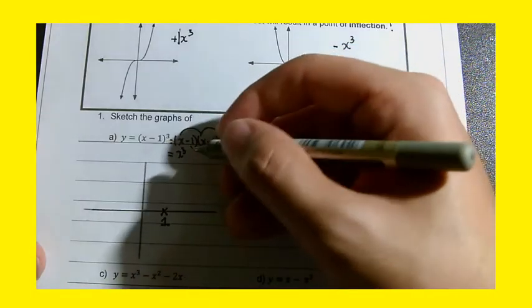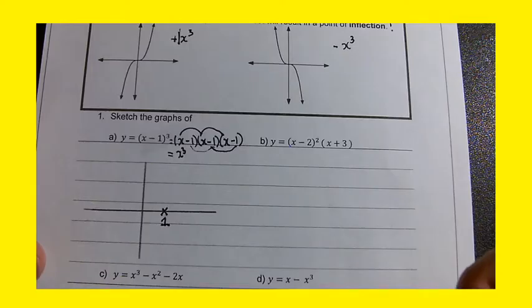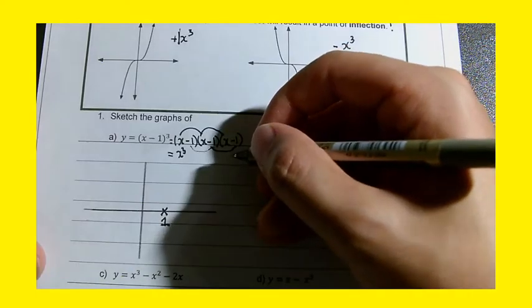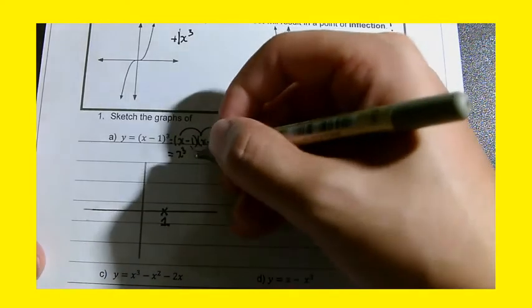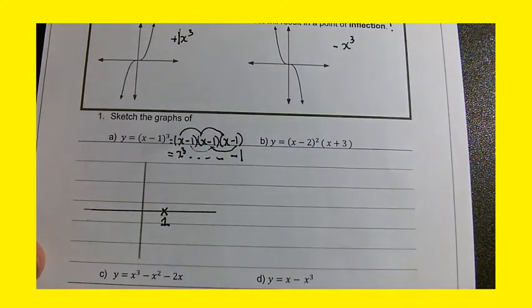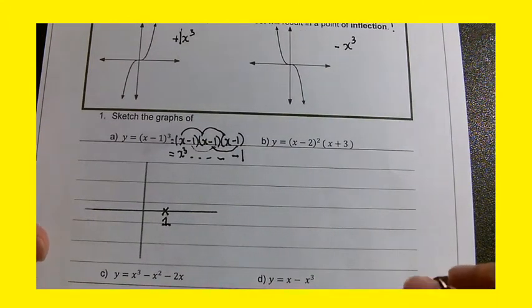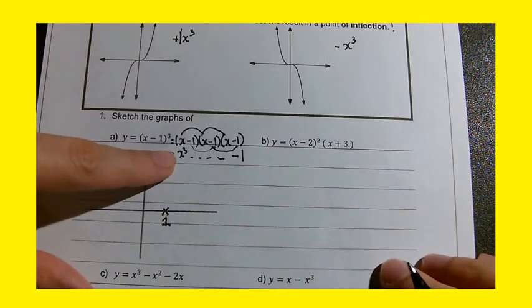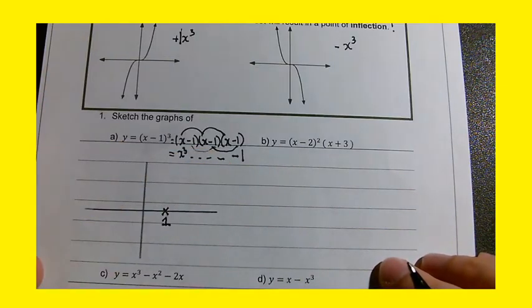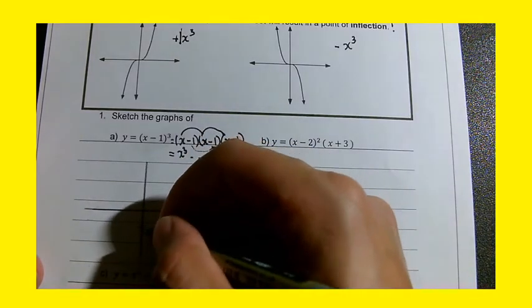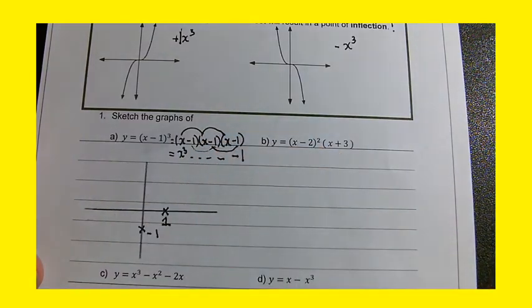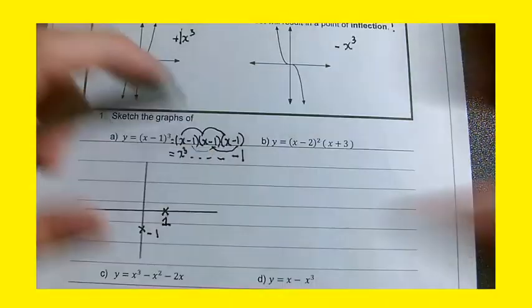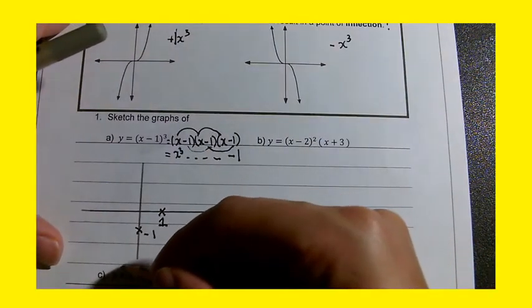Minus 1 times minus 1 is plus 1, times minus 1 again, you get minus 1. We only need the x and y-intercepts. We know what the shape will look like because we expanded the x terms, and we've got minus 1 as the y-intercept. And there are no other x-intercepts, so it's going to exhibit this sort of characteristic.